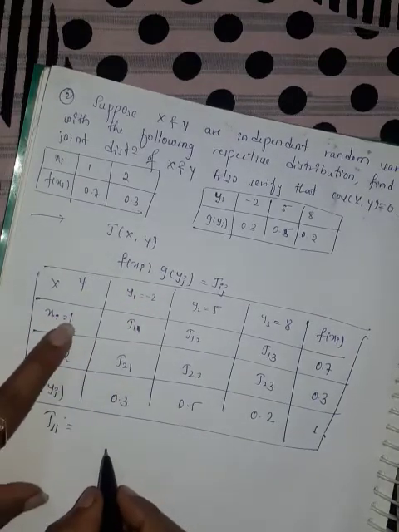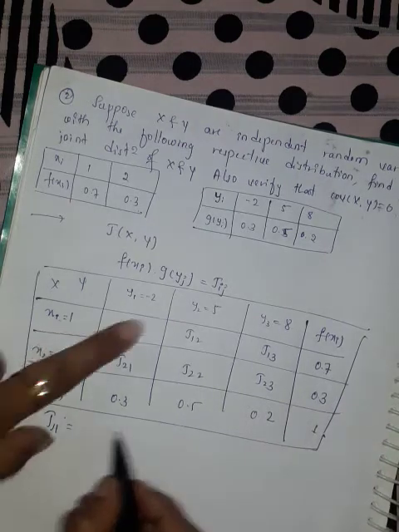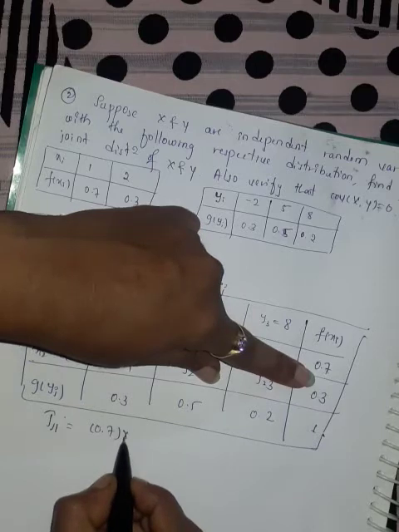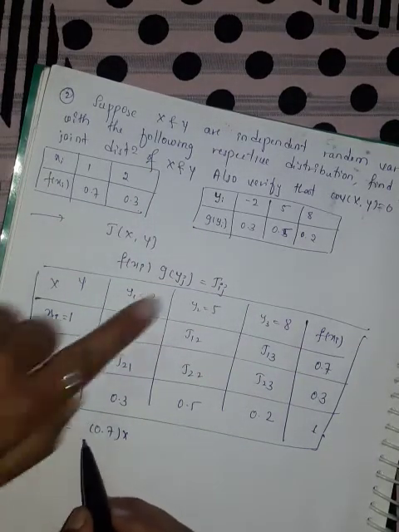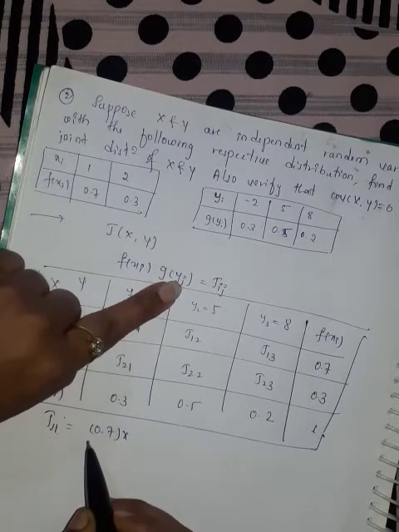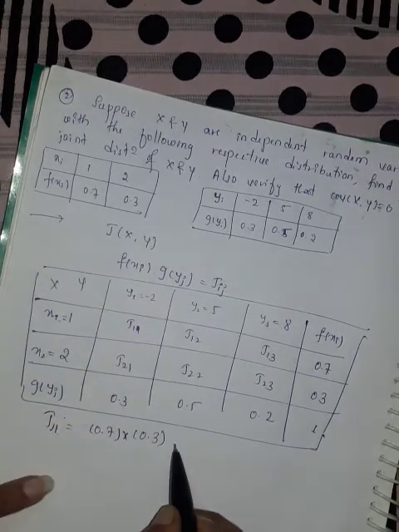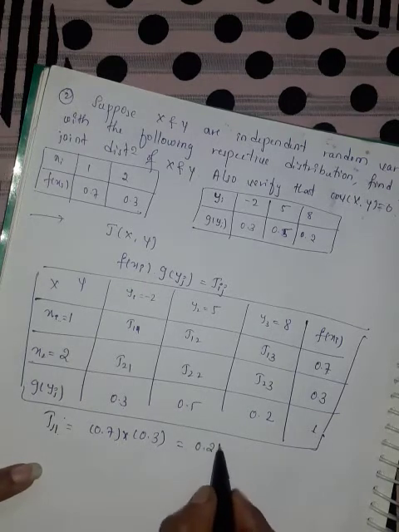For i is equal to 1, f of x1 is 0.7, into, for j is equal to 1, g of y1 is 0.3. So 0.7 into 0.3 is 0.21.